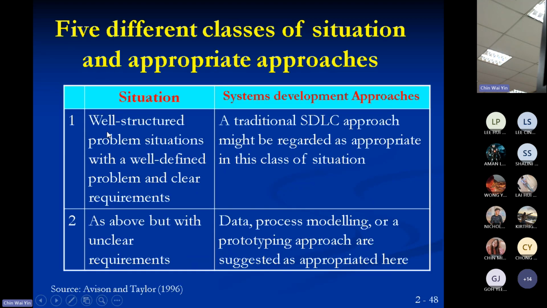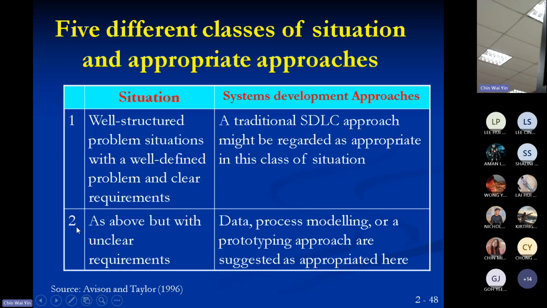In this case, they suggest a traditional approach such as SDLC, which we are learning, is more suitable. When everything is clear-cut and understood, and you can clearly state the requirements, this would be the most suitable methodology.